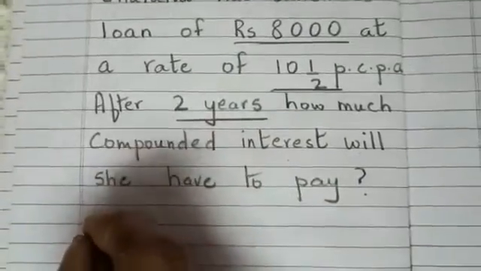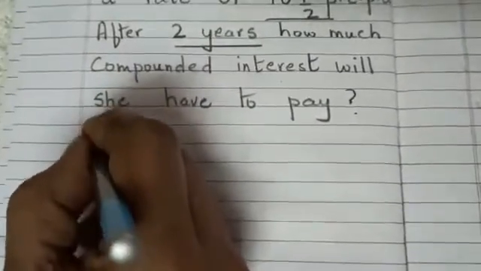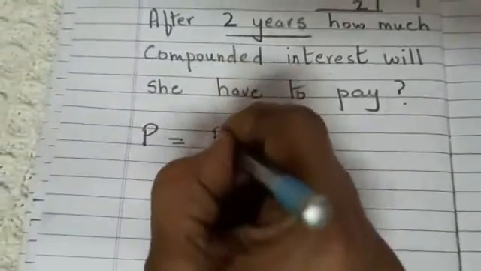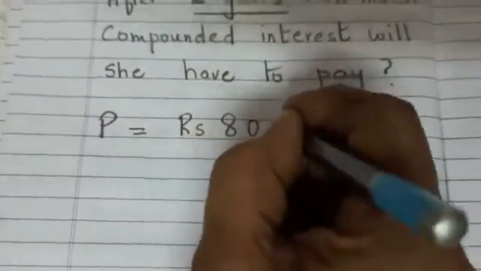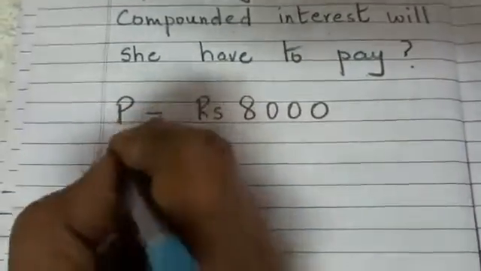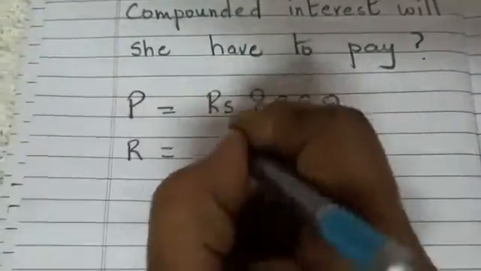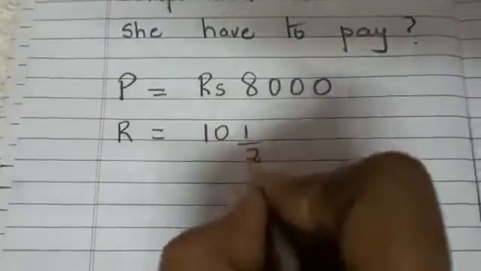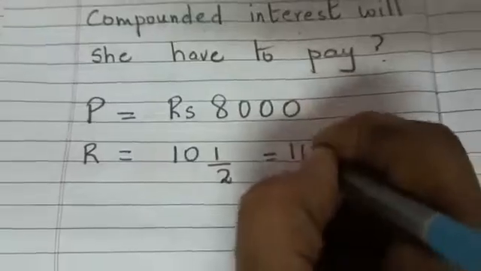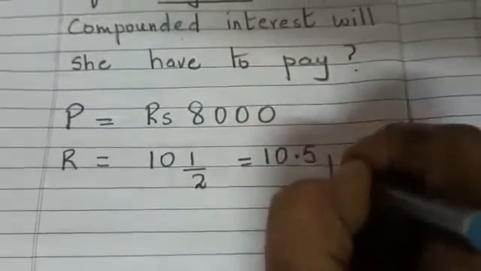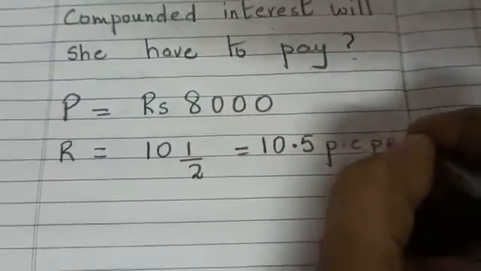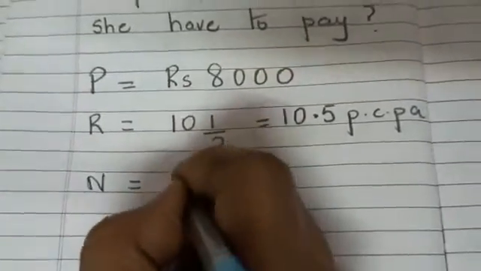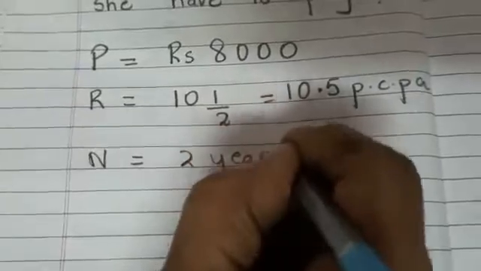So now we will write the data. P is equal to rupees 8,000. The rate R is equal to 10.5% per annum and N is equal to 2 years.